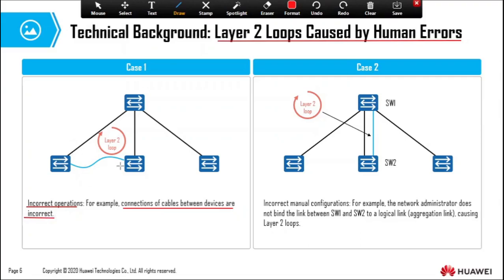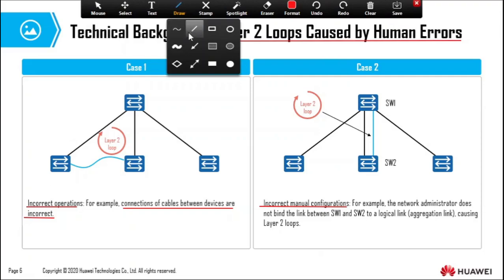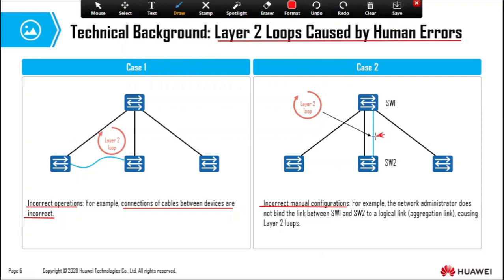You're not supposed to do this, especially on the access layer. Then number 2, we also have incorrect manual configuration. It is okay for you to have two links interconnecting the access layer switch and the aggregation layer switch, so that one can act as a backup.